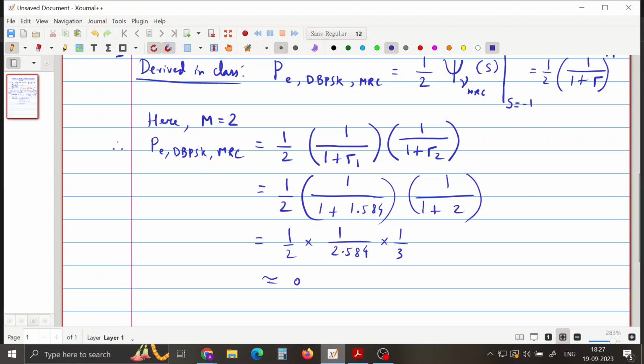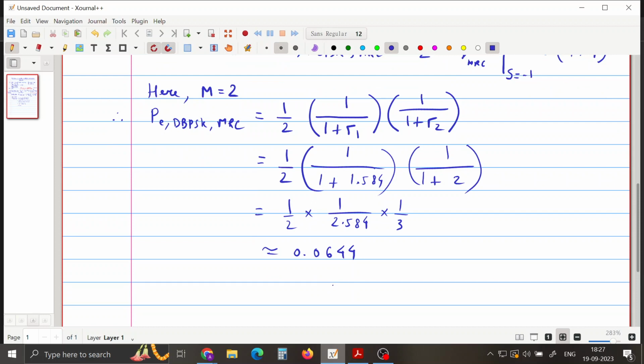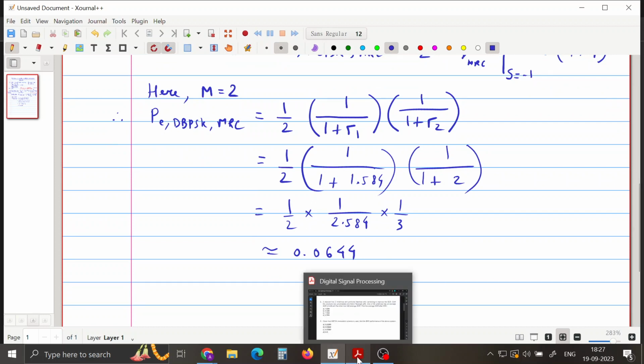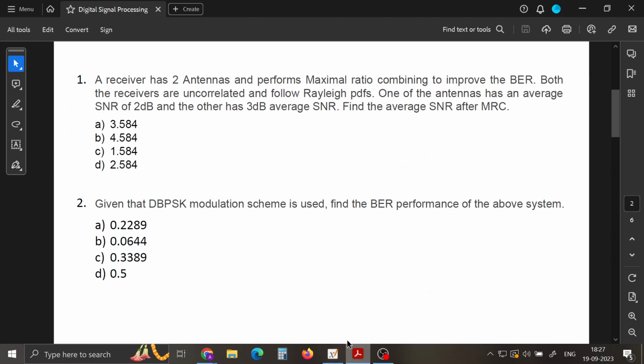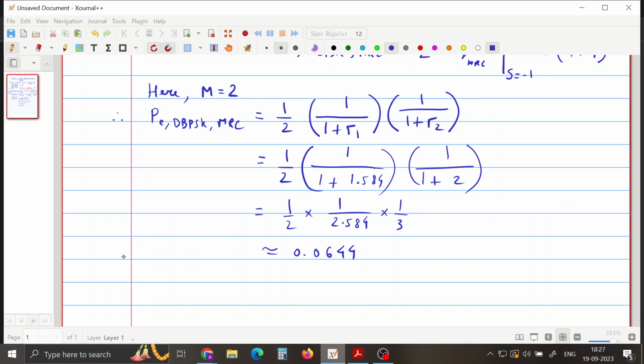This is approximately 0.0644. Okay, and if you just check the options, clearly option D, 0.0644. So this is option D, that is the answer.